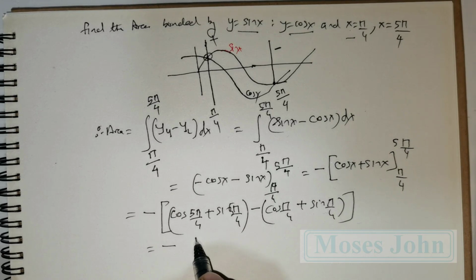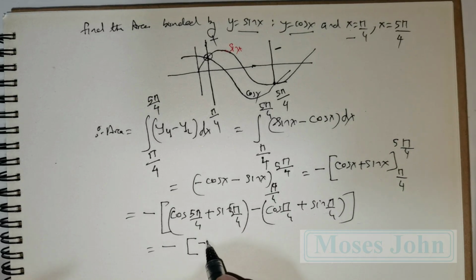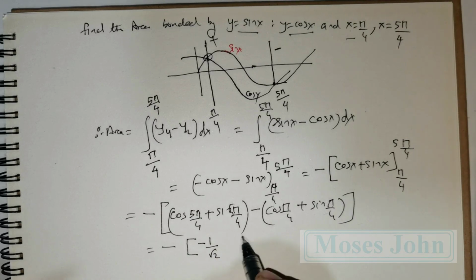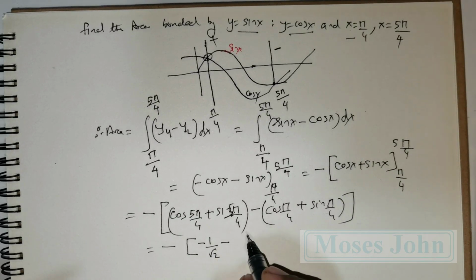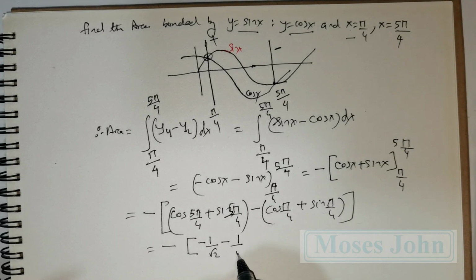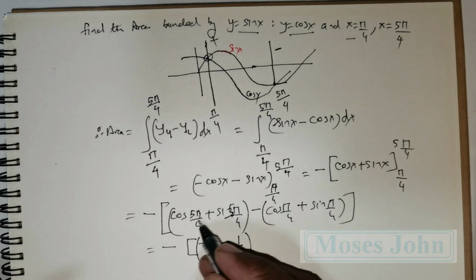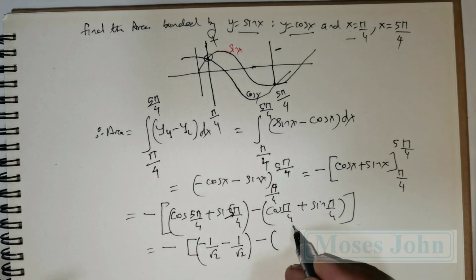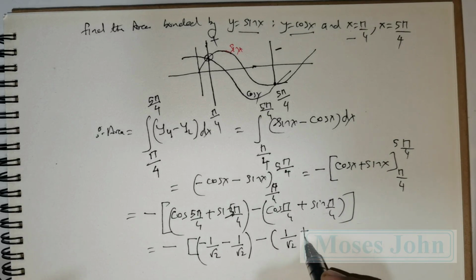Now this is rewritten as negative of cos 5 pi over 4, which is 1 over root 2 with a negative sign. Sin 5 pi over 4 is going to be negative 1 over root 2, because at the intersection the values will be the same, followed by negative of cos pi over 4, which is 1 over root 2, and sin pi over 4 is also going to be 1 over root 2.